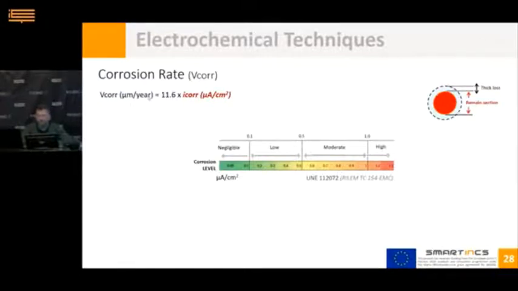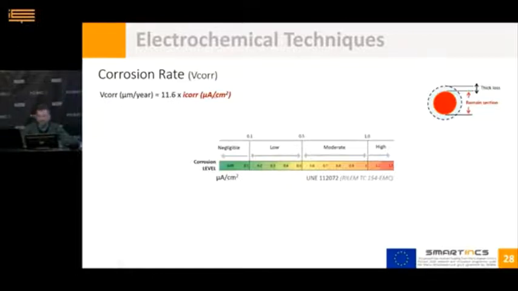But in practice, the corrosion rate is not measured directly, but is expressed in terms of current density, corrosion current density, Icorr. This is the parameter we usually measure. As you can see, it's directly proportional to the corrosion rate by applying a constant.